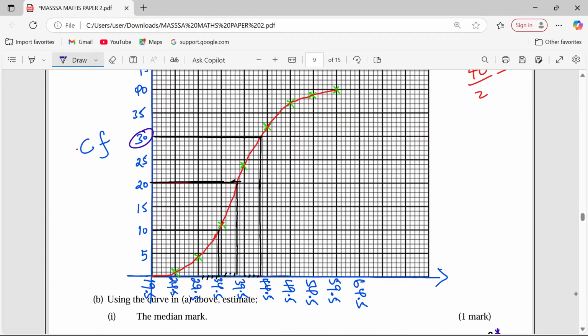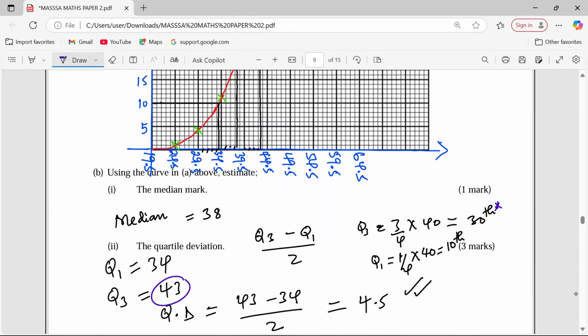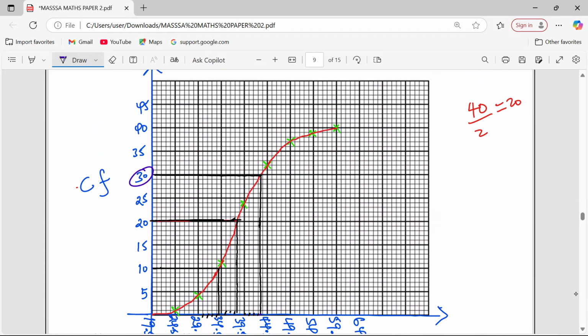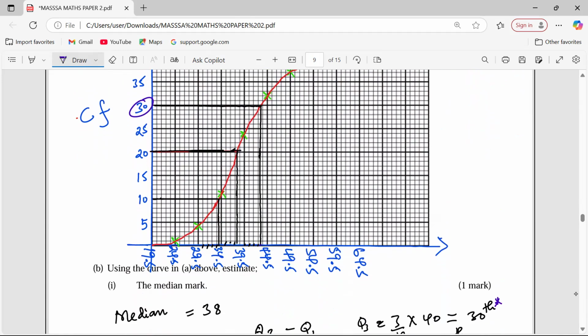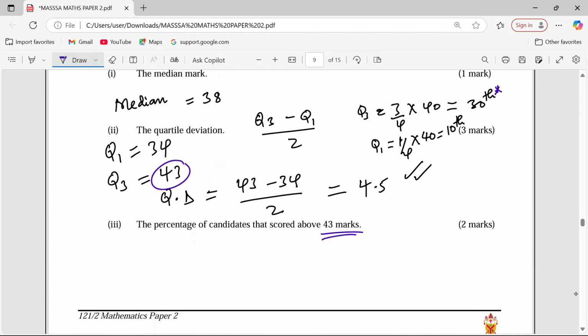So now we ask ourselves, the learners scoring 43 and above are from 30 upwards, so 30 to the 40th. So how many learners are there? And remember, the 30th learner is included. So when you take 40 minus 30, we are getting 10, but we should add 1.